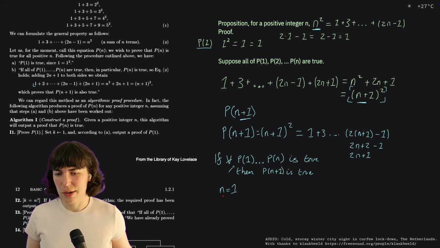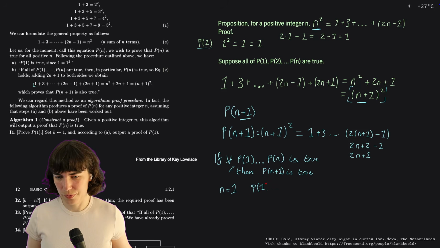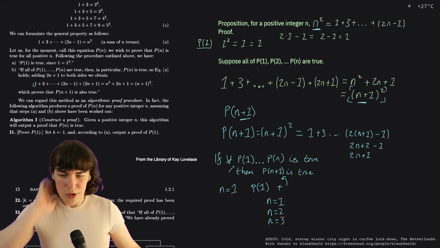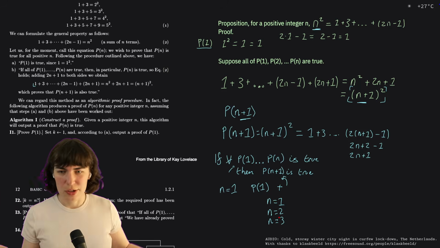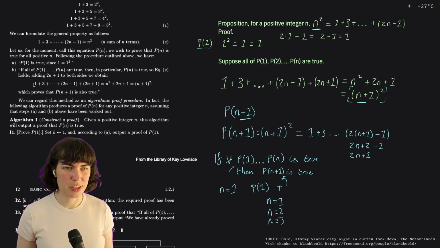And we know that this is also true, so given that this is true, let's put in n equals 1, which we can then use to prove that it's true for n equals 2, which we can then use to prove that it's true for n equals 3, etc., etc. Okay, interesting. Okay, great. Wow. Exciting.